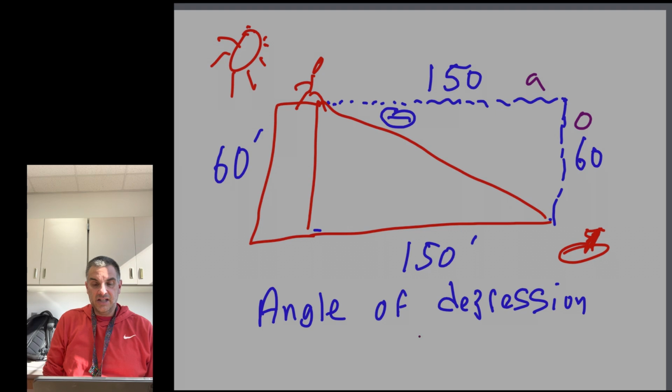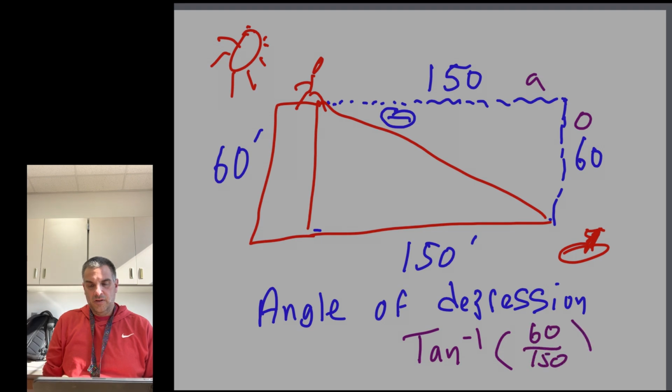Opposite and adjacent is tangent, but because I have to find the measure of the angle, remember we do tan^-1 of the length of the opposite over the adjacent. So second tangent, 60 divided by 150, and you get 22 degrees as that angle of depression.